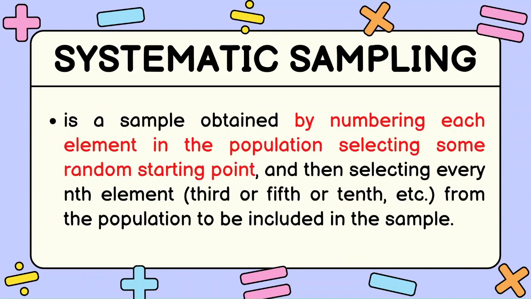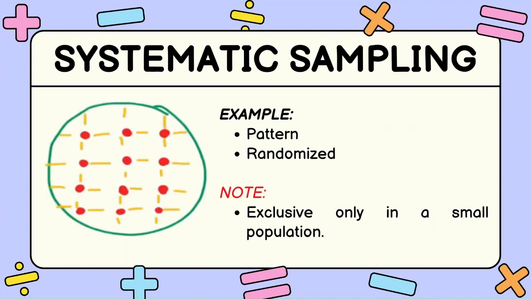Now we have another type, which is systematic sampling. Systematic sampling is a sample obtained by numbering each element in a population, selecting some random starting point, and then selecting every kth element. So the researcher uses a pattern to obtain his or her participants from a population. It could be every third, or fifth, or tenth, etc. Here's the illustration.